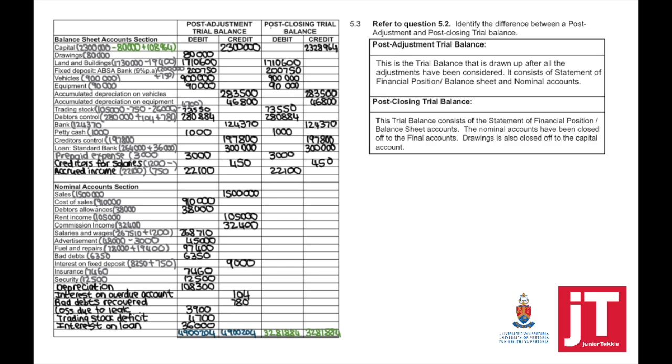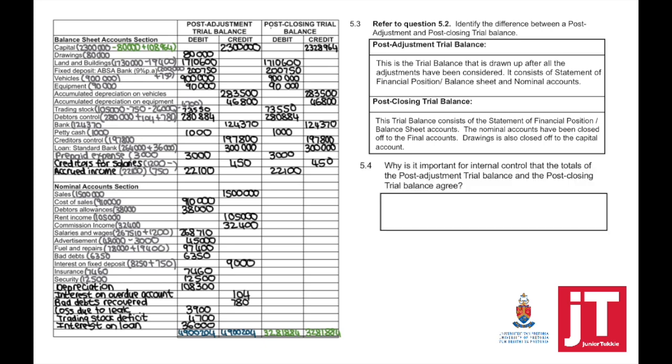But the post-closing trial balance has no nominal account section and no drawings, because this would have been closed off to capital. It's so important that you understand the difference.